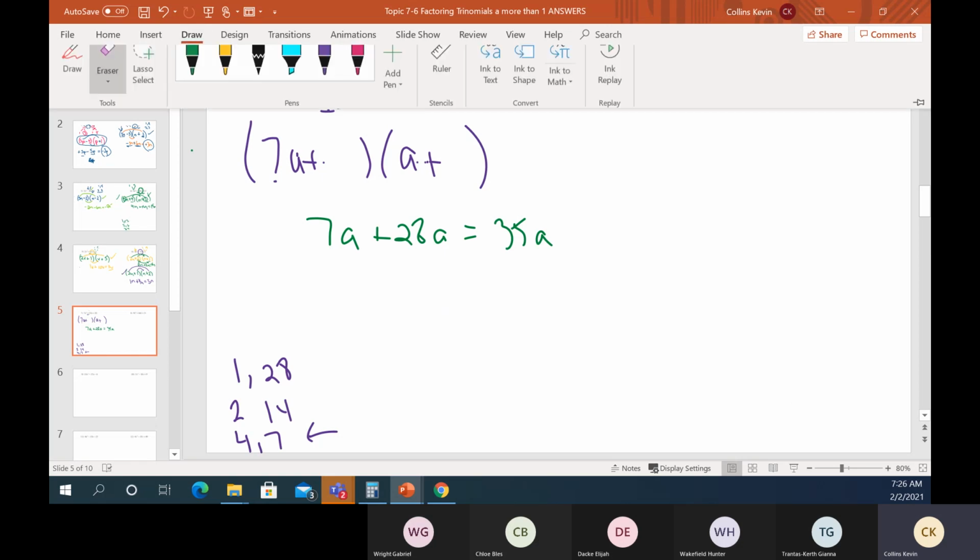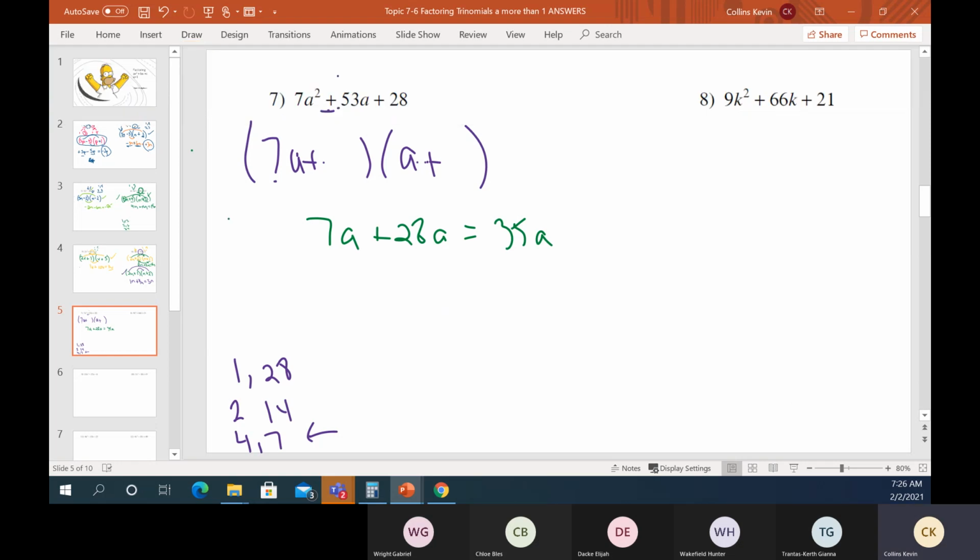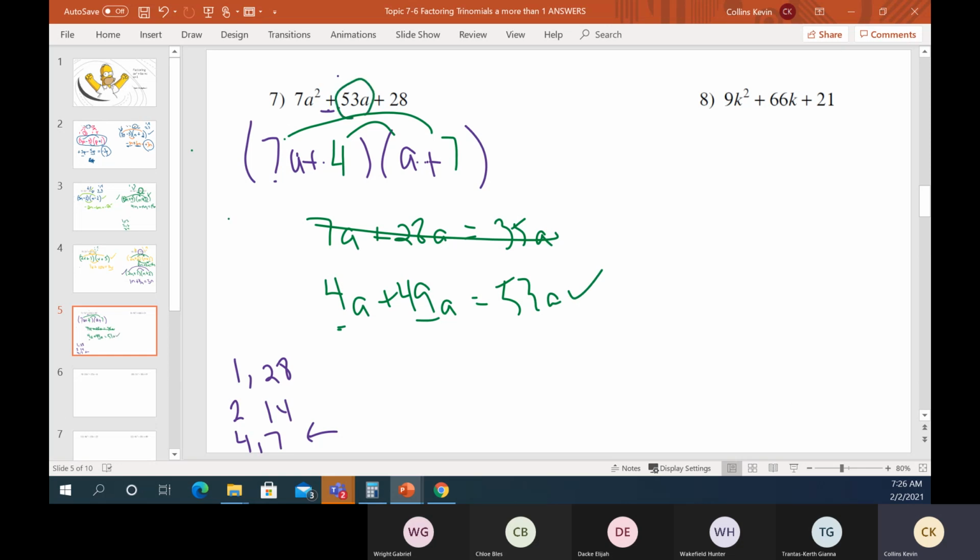So then let's go, instead of that, we'll go 4 here and 7 here. Okay. So let's look at that. So we do 4 times a, that's going to be 4a. Then we do 7 times 7, that's going to be plus 49a. 49 and 4 is 53a. So that's our guy. All right. So it means that answer is correct.